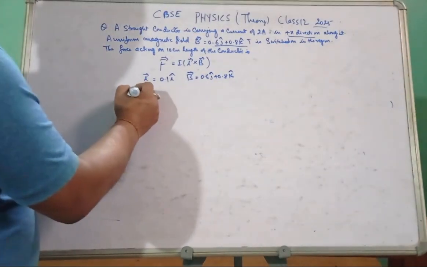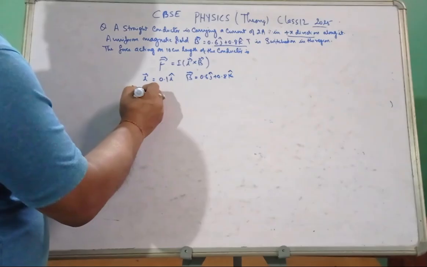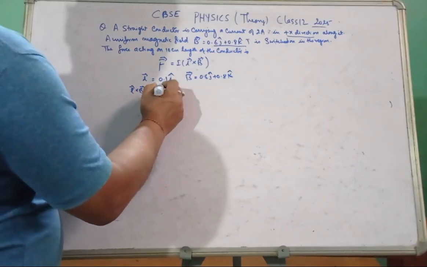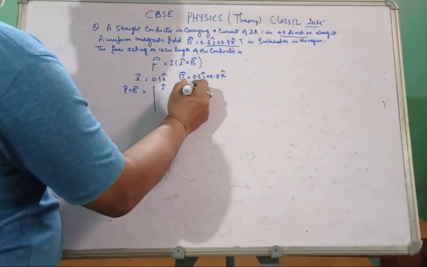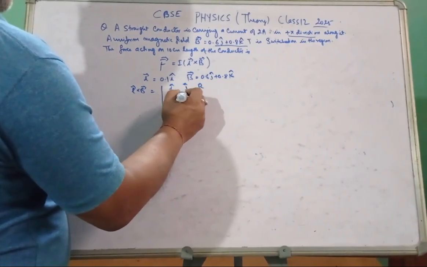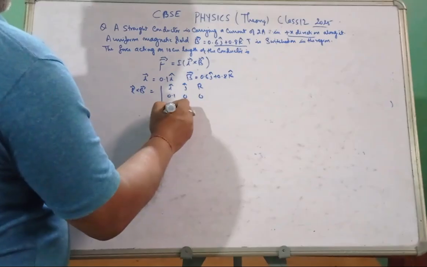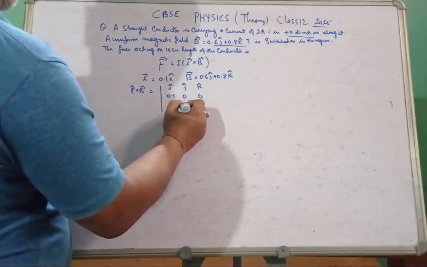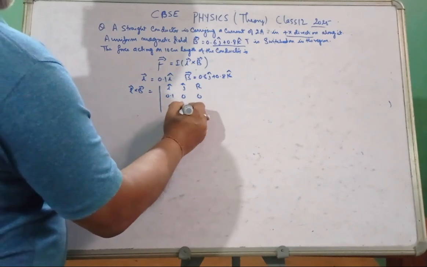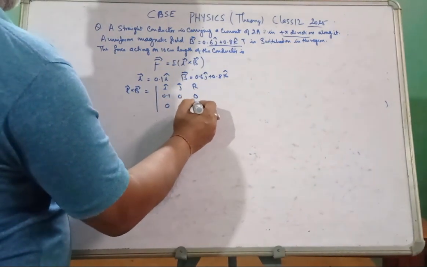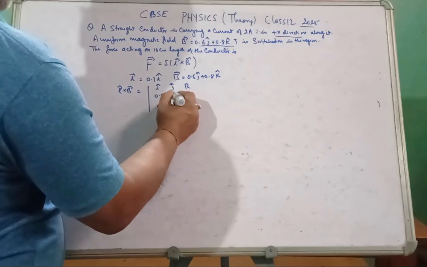So L cross B, this will be the determinant method. So i cap, j cap, k cap; 0.1, 0, 0; 0, 0.6, 0.8.